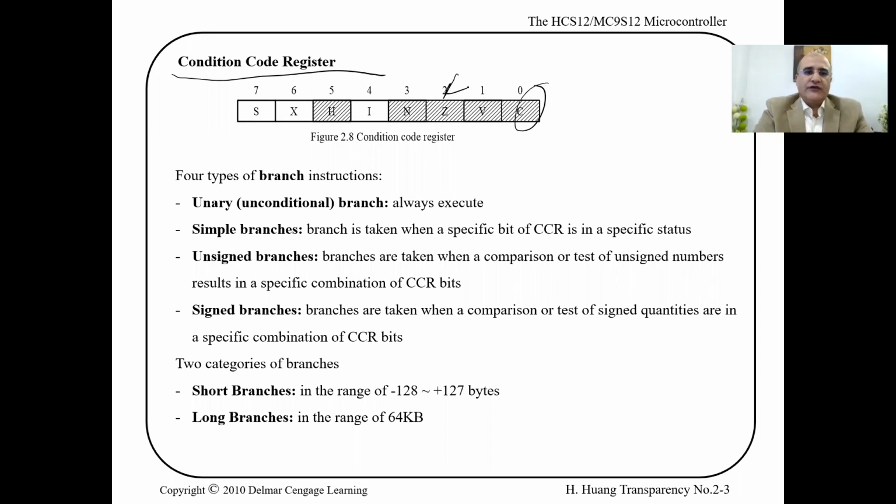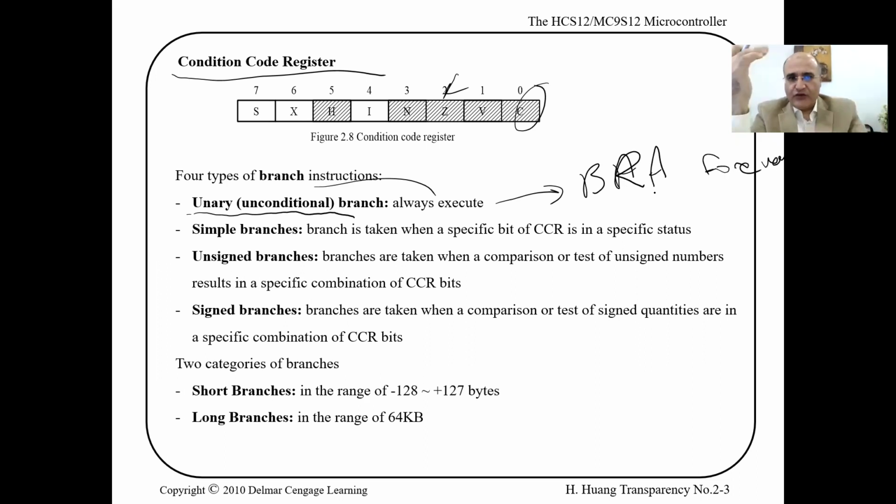Okay. So if you classify branch instructions, first there are unary or unconditional branch instructions that always execute, like the instruction we use in our code, branch to forever, right? You always branch. You don't check for a condition to be true or not. Simple branches check for a bit in the CCR register: branch if carry, branch if overflow, branch if negative.